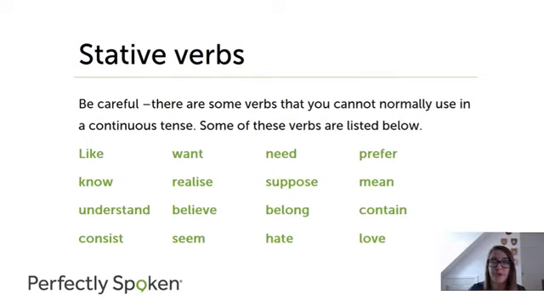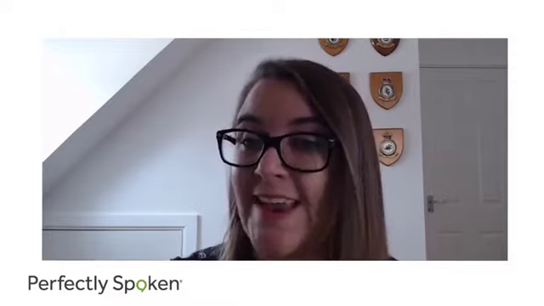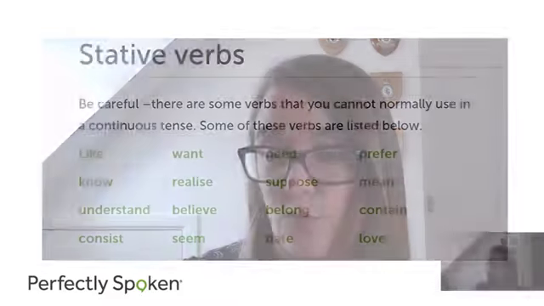Okay, so just to remember that there are some verbs that normally we cannot use in a continuous tense. So we've been talking about present perfect continuous today, and we've been using verbs in the ing, the continuous form, but there are some verbs in English that normally we cannot use in a continuous form.